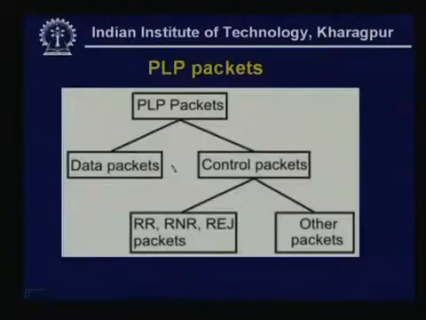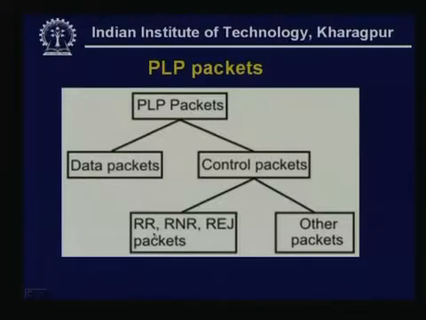Obviously there is some maximum limit on the size, and that limit is used to form the data packets. On the other hand, control packets can be used for various purposes. One purpose is, as you know, to perform flow control and congestion control.